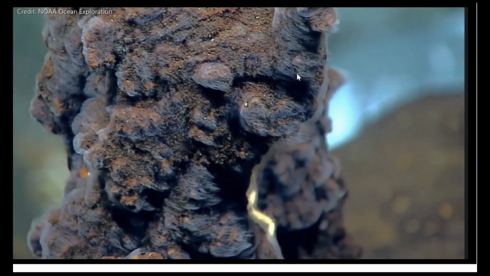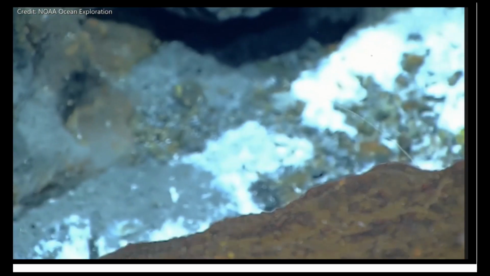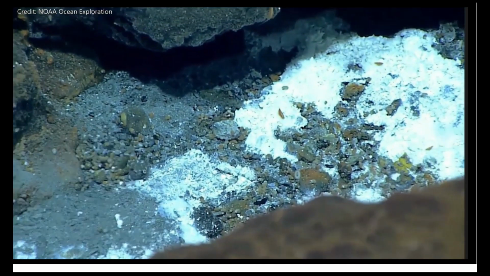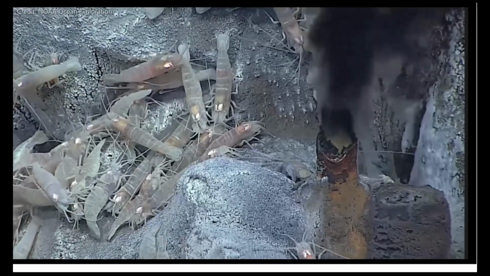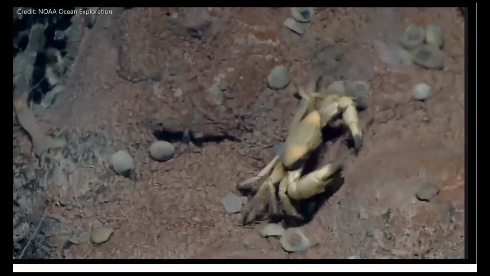So welcome to a hydrothermal vent. In these images from NOAA, we see that the hydrothermal vent situation is completely different. There are huge populations that live in crazy, extreme conditions.